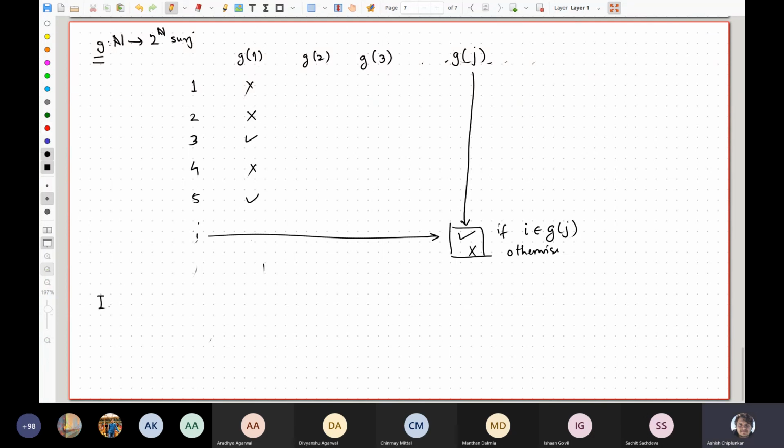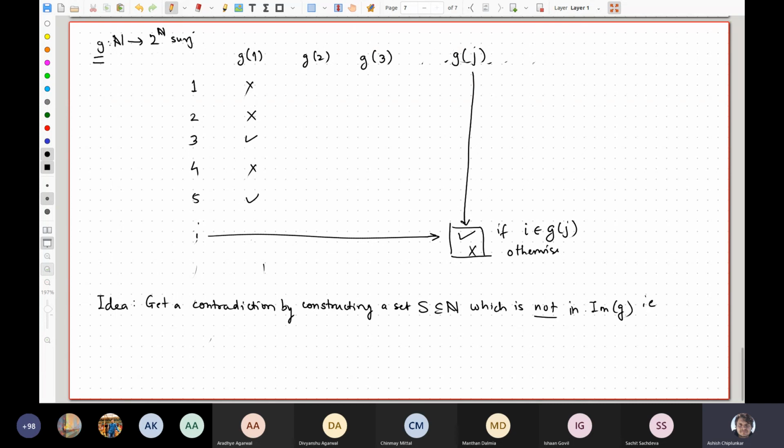So the idea: get a contradiction by constructing a set S, which is a subset of natural numbers, which is not in the image of G. That is, there does not exist an i such that G of i is equal to S. If we construct this kind of set, then we are done.